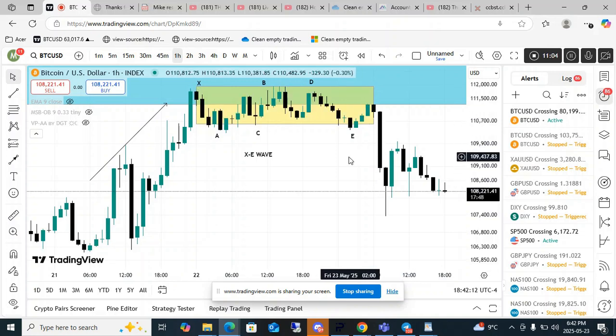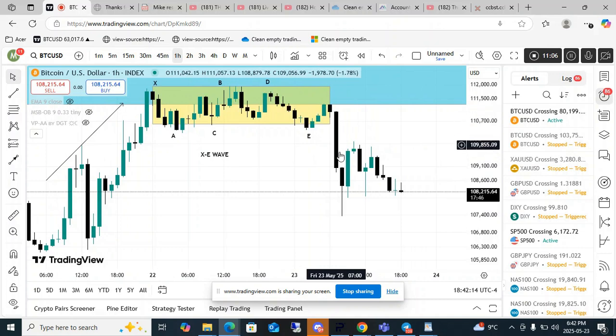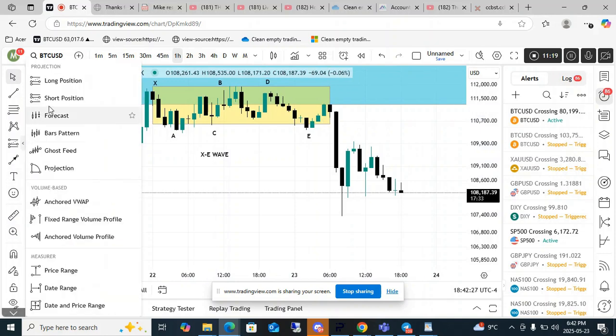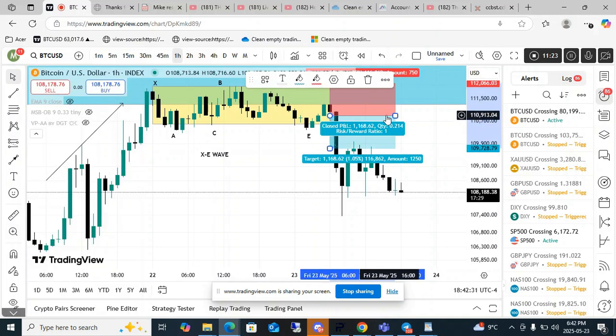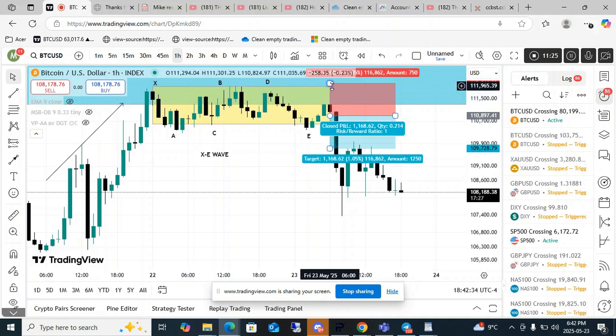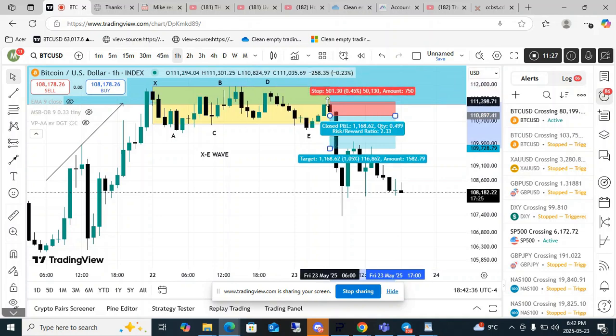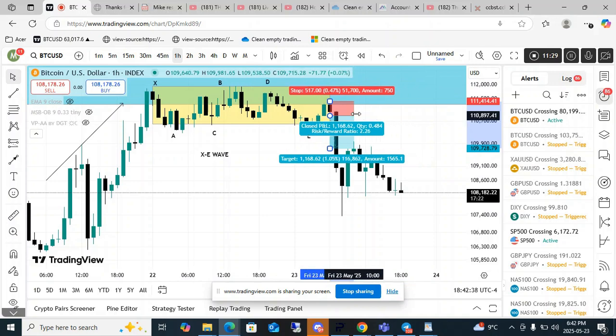So this is the breakout here. Then I entered the trade when I saw this evening star or bearish engulfing. That's when I enter the trade.